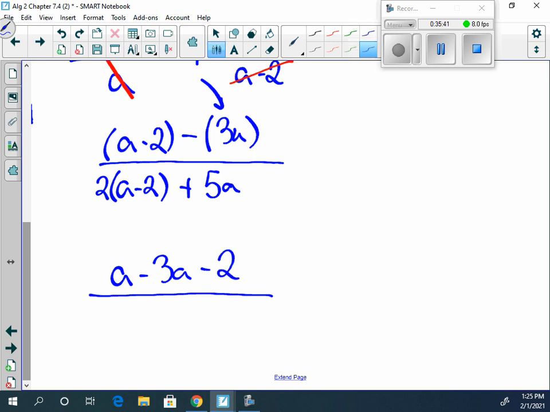And I just rewrote these in a different order. I just moved the 3A next to the A. It's going to be the exact same thing. Now we can distribute the 2 on bottom. 2 times A is going to give me 2A. 2 times negative 2 is going to give me negative 4 plus 5A.